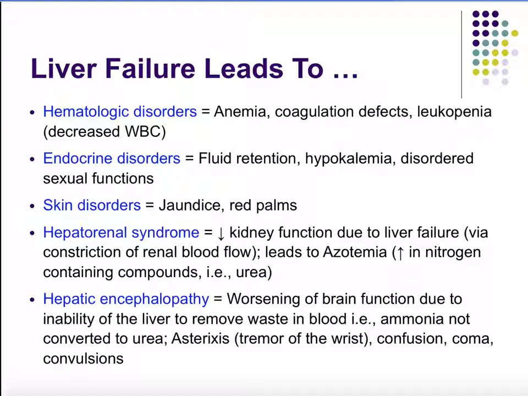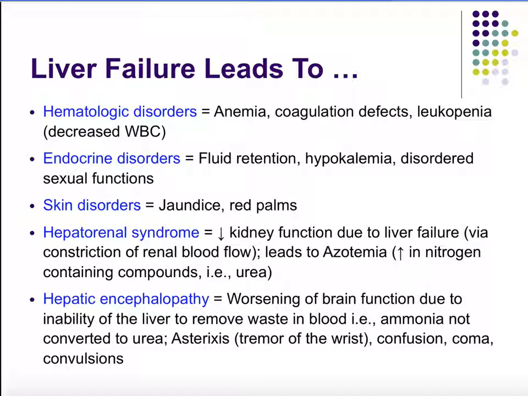And oftentimes it's because of vasoconstriction of blood flow to the kidneys. So decreased renal blood flow, decreasing kidney function. It can lead to then azotemia, which is an increase in nitrogen-containing compounds like urea in the blood because the kidneys won't be able to remove it like normal. And then we have hepatic encephalopathy, which is worsening of brain function due to the inability of the liver to remove waste from the blood.